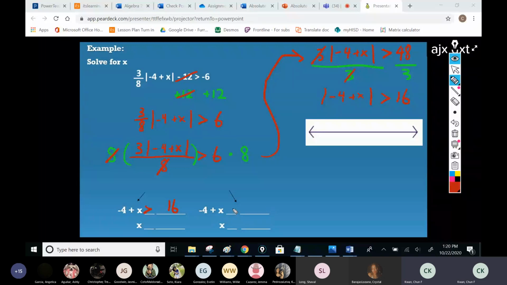And then for the other one, flip the sign and make the number negative. Now you can go ahead and solve for x. That means you can do +4 and +4.